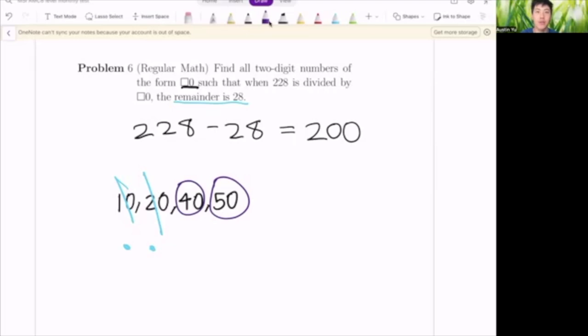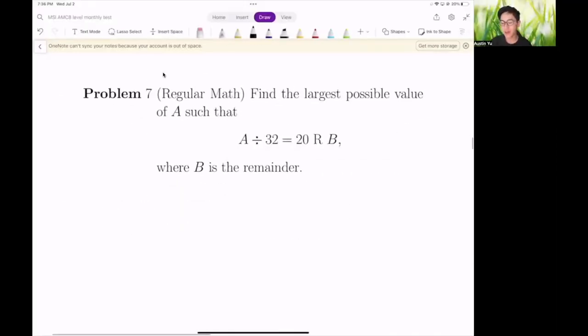Two solutions. Problem 7. Find the largest possible value of a such that a divided by 32 equals 20 remainder b. Okay, so how do we solve this problem if we are given that b is also the remainder?